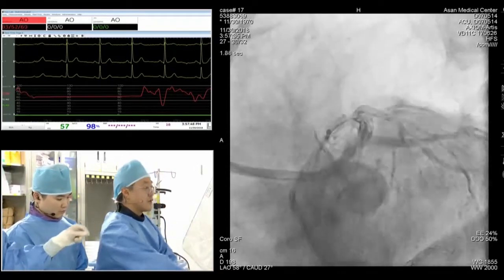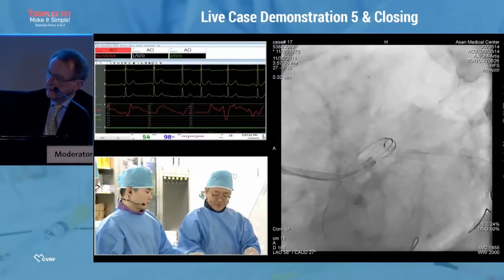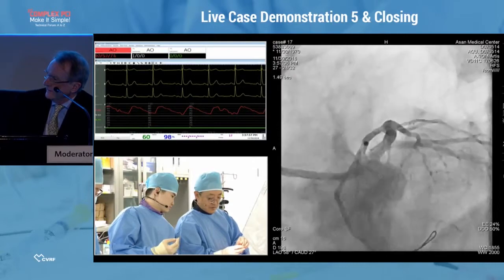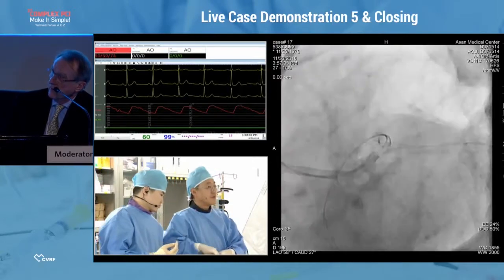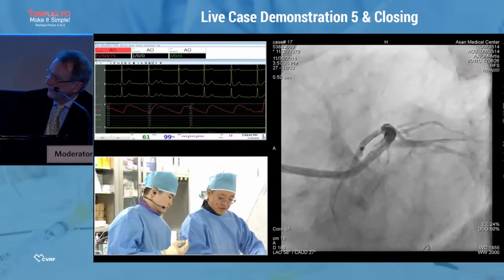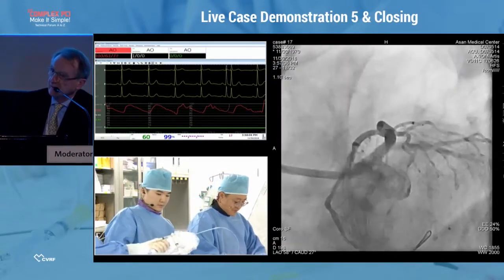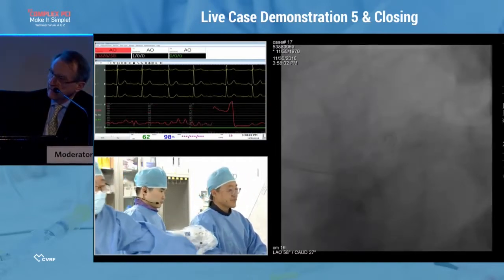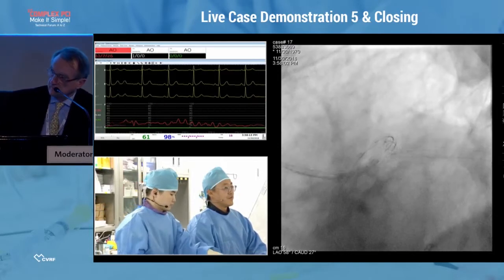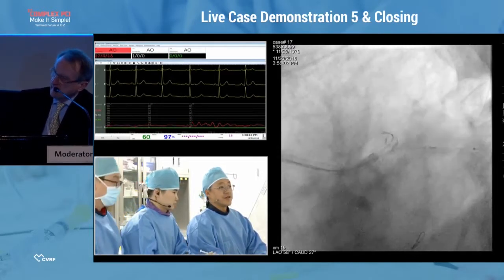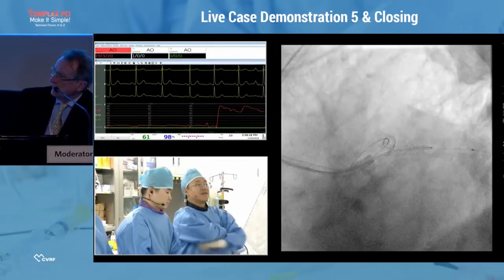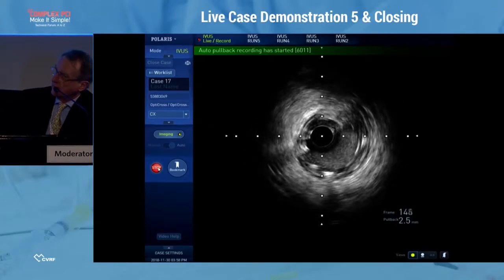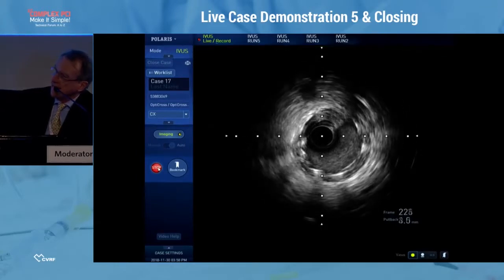We rediscovered the value of lesion preparation when we started to use BVS. BVS made us more aware of lesion preparation. We did it for another reason, but as a matter of fact, we have used BVS for 4 years. 350 patients treated with BVS, and our follow-up of those patients is excellent.